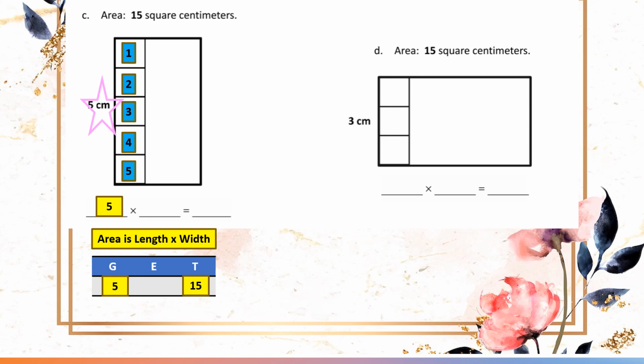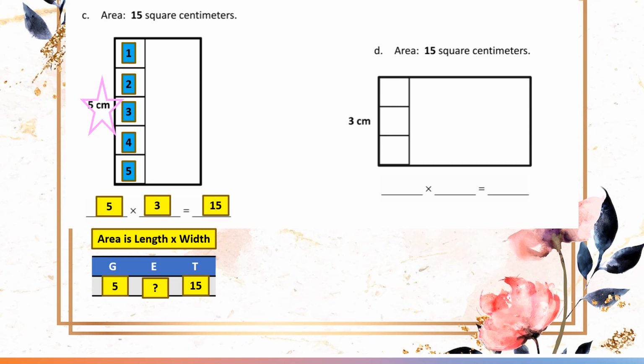How many are in each row? We have 5 rows of what? That's going to give us 15. 5 times blank is 15. Well, if you said 5 times 3 was 15, you'd be absolutely correct.